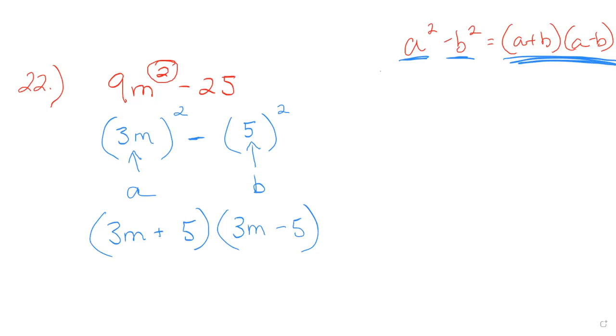Let's do one more. So I'm going to clear this. Let's look at number 24. So number 24, they give me 9x squared plus 64. Again, just like any other problem, my first step is to look at, do I have a GCF?